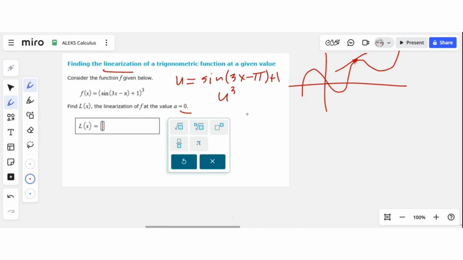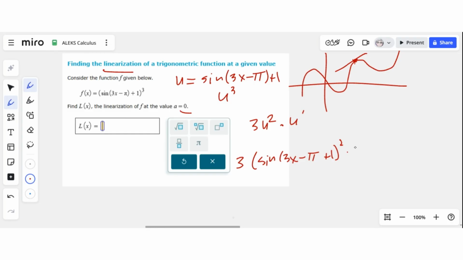The derivative of that is going to be 3 times u squared, times the derivative of u. So 3 and u squared is just sine of 3x minus pi plus 1, quantity squared, times the derivative of u, the stuff that's inside.